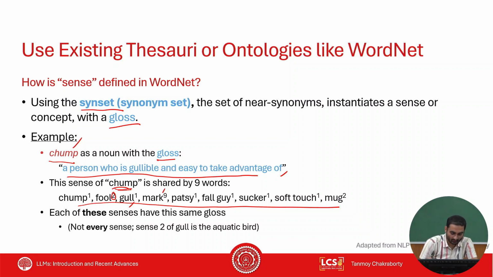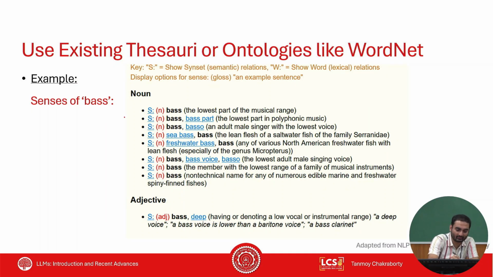Okay, so now this is one entry in the WordNet, right? The word bass, B-A-S-S. If you look at the WordNet ontology, you see that the word bass has multiple senses. The first sense is bass as a musical range. Bass can also be a fish.